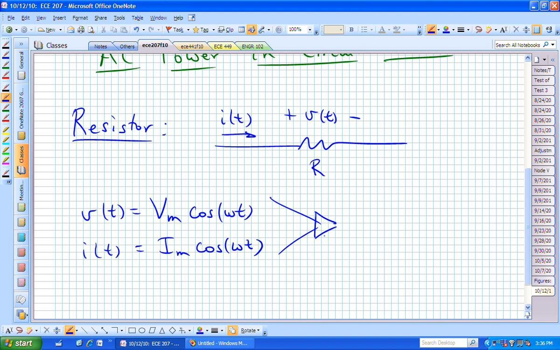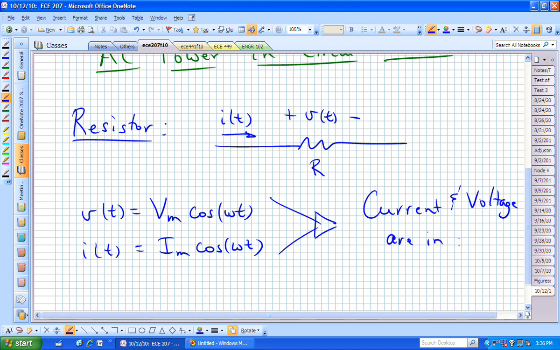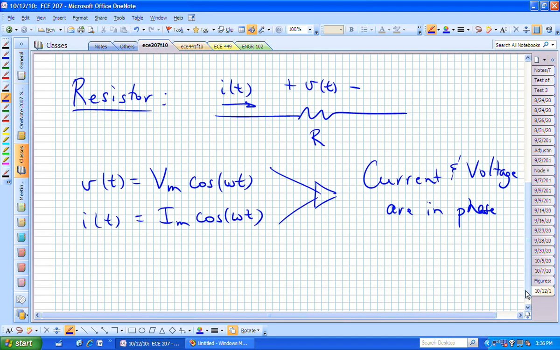They're at the same frequency. The omega is the same. And we know that Ohm's law is true.